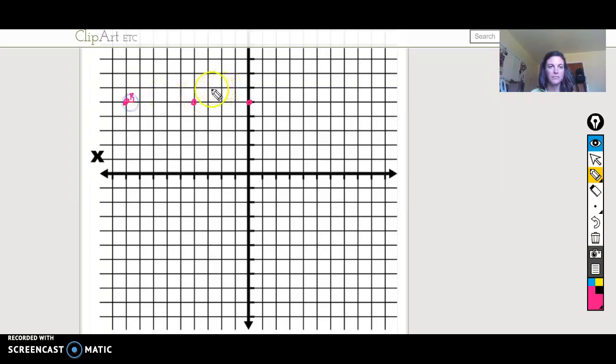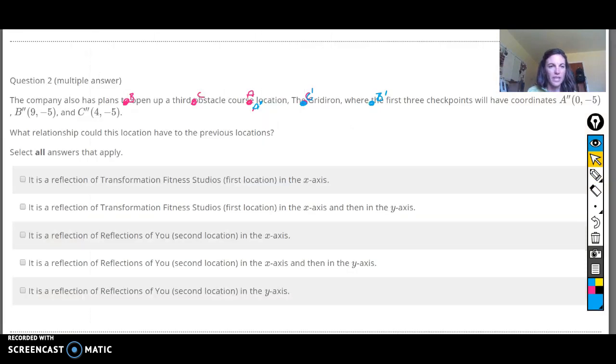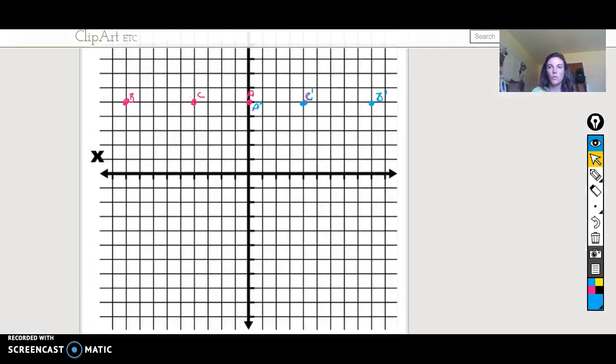So this was B, C, A, and then we had C prime. Oops, let's do these in a different color. C prime, A prime, and B prime. Okay, and now we've got one more location, and they're at all of those positive values of x, but just the negative value of y.